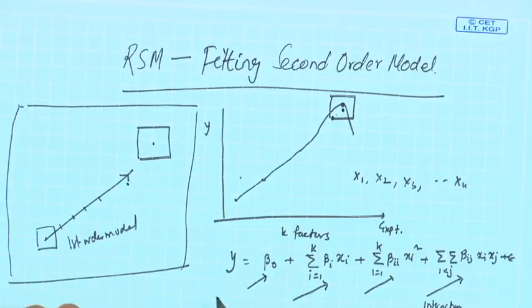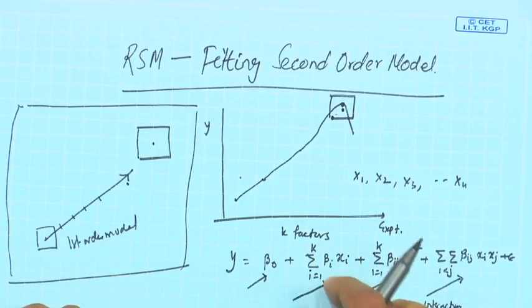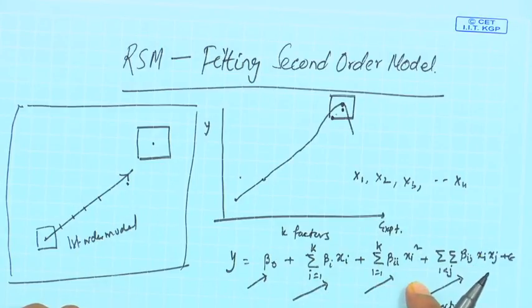By second order model we mean this: there will be the intercept, the main effect or first order effect, the second order effect, and the interaction effect.